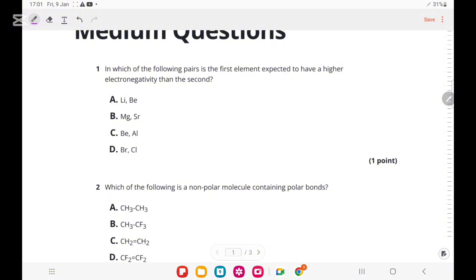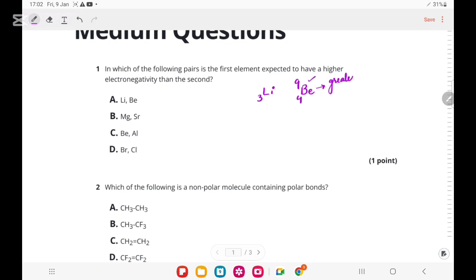So first of all, lithium. Lithium has atomic number 3, while beryllium has atomic number 4. You can see beryllium has greater nuclear charge, so it must have greater ionization energy.